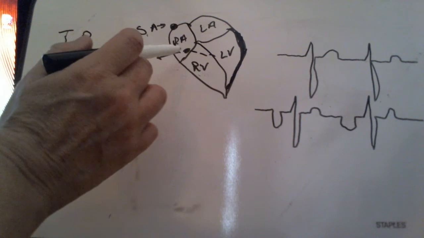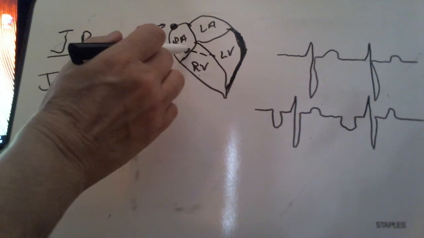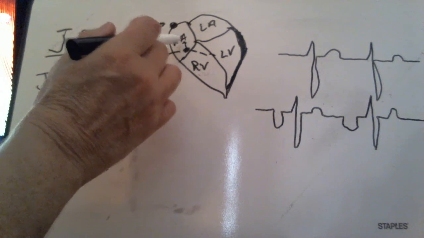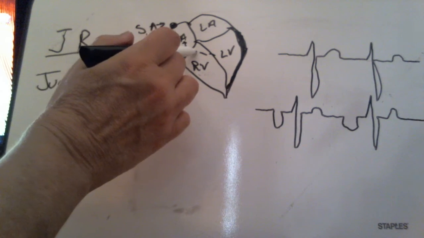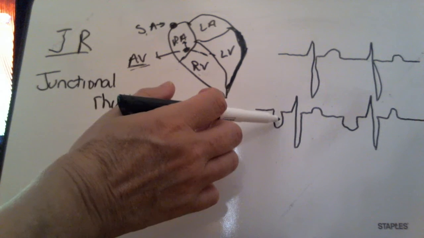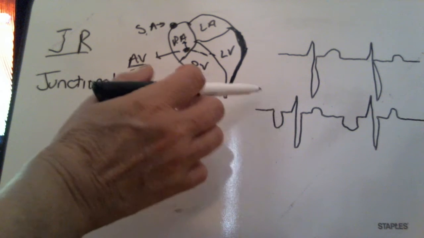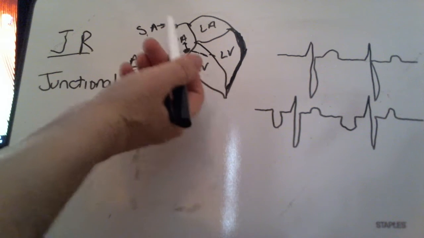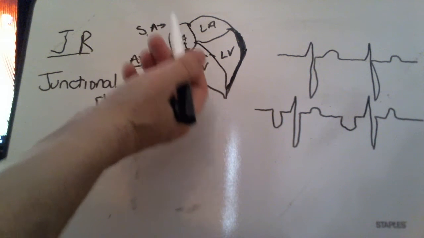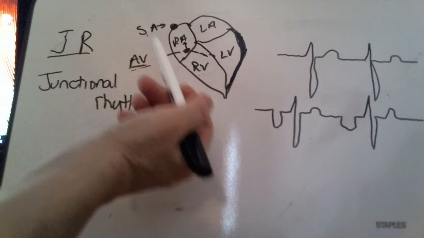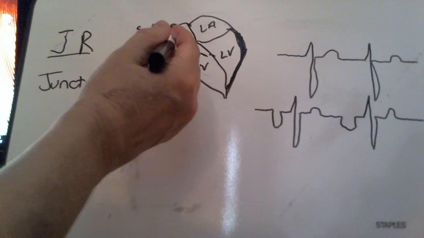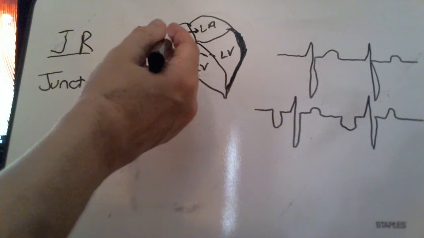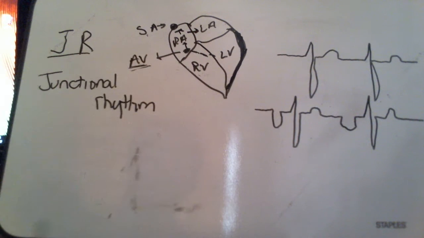If the impulse leaves the AV node and goes up towards the atria and down, you will actually have a retrograde P wave because you're looking up. So the lead is going to sense it coming up towards it. So it'll go up and then over, and that will give you a retrograde P.